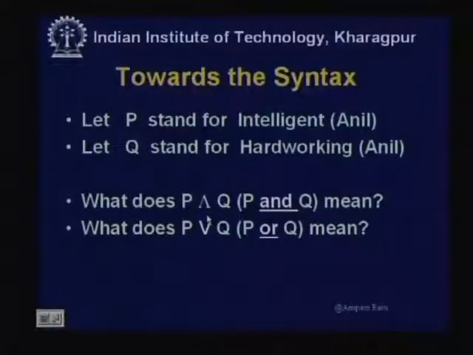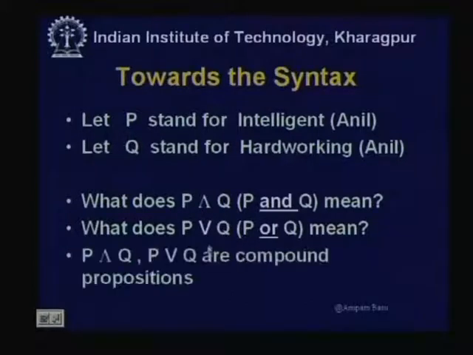Similarly, what does this symbol mean, P or Q? This is again another proposition, P or Q. This means that when either P is true or Q is true, any one of them, then this proposition P or Q will be true.